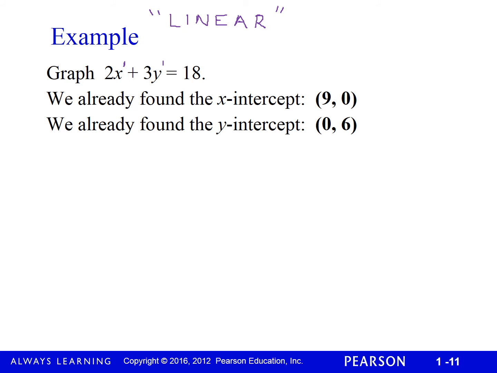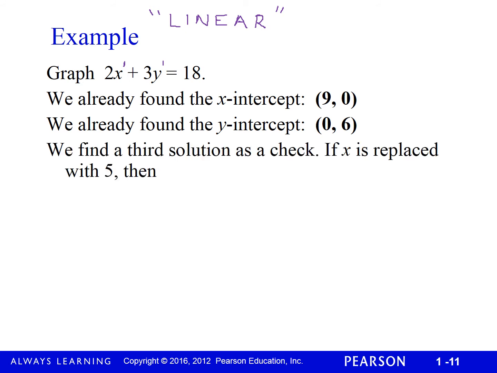We always like to have a third point as a check, because even though it's true that 2 points determine a line, according to good old Euclid, we could make a mistake, and so we're going to get a third point, because if we had made a mistake, then the 3 points that we end up with won't be collinear. We'll know we'd made a mistake instead of moving on, not knowing that we'd made a mistake. We find a third solution as a check.